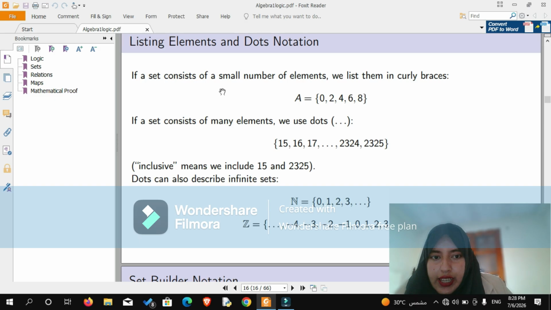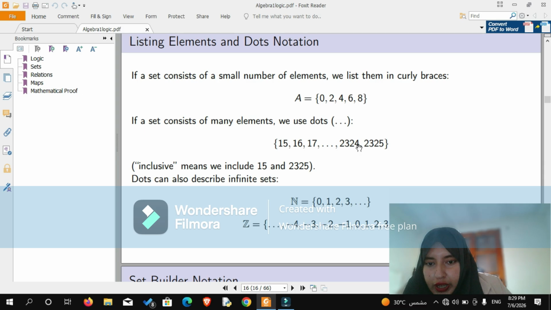If a set consists of a small number of elements, we list them in curly braces. If a set consists of many elements, we use dots. If it is finite, we take this form. If it is infinite, we use this form.